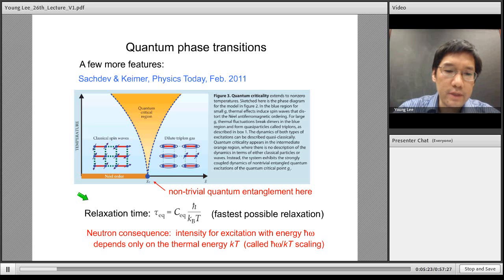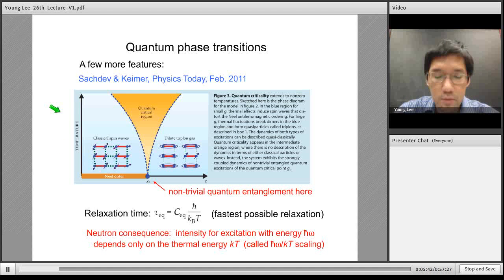A few more features, and there are different systems that one can draw such similar phase diagrams for. So you'll see this a lot. Again, this phase diagram where you have some parameter called g on the x-axis and then temperature on the y-axis.